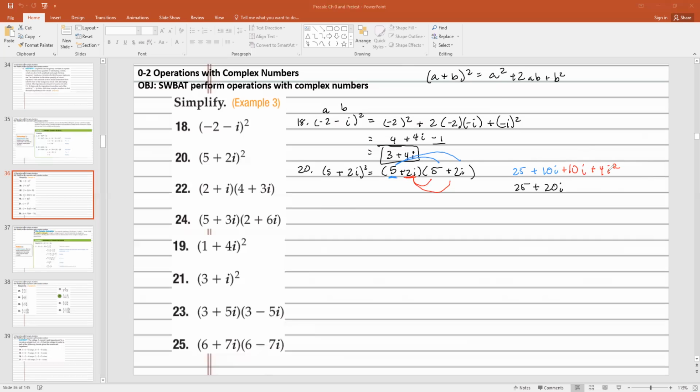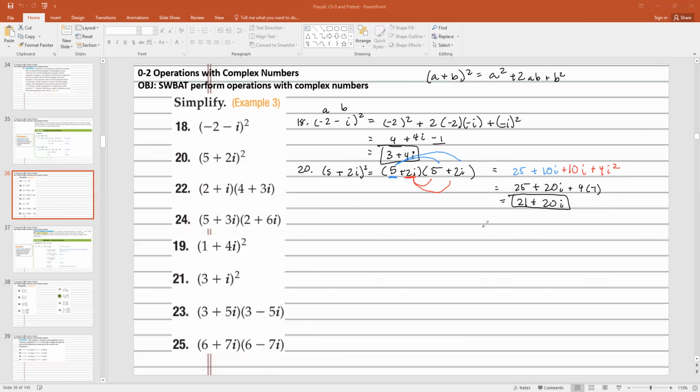And remember, the i squared is just negative 1, so it's going to be 4 times negative 1 or negative 4. So 25 minus 4 gives us 21 plus 20i. And that's it. Okay, so that's how you do 20.